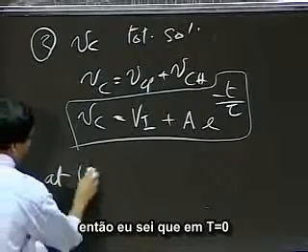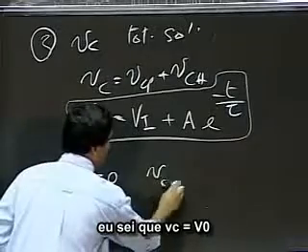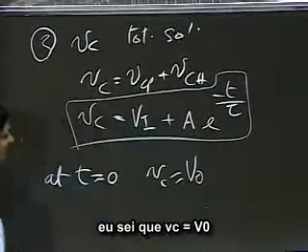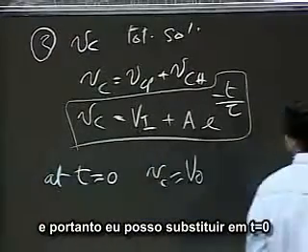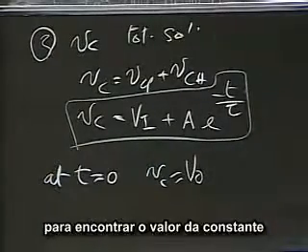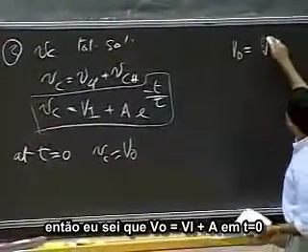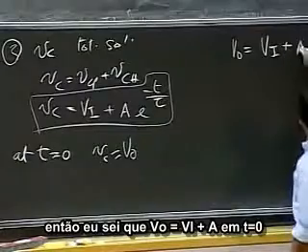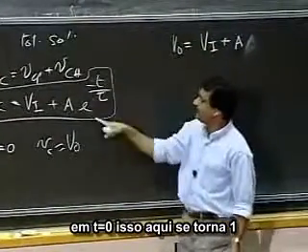And I'll find out the remaining constants by using my initial conditions. So I know at t equals 0, I know that Vc equals V naught. Okay, I know that. And so therefore, I can substitute t equals 0 to find the constant. So at t equals 0, this thing becomes 1.